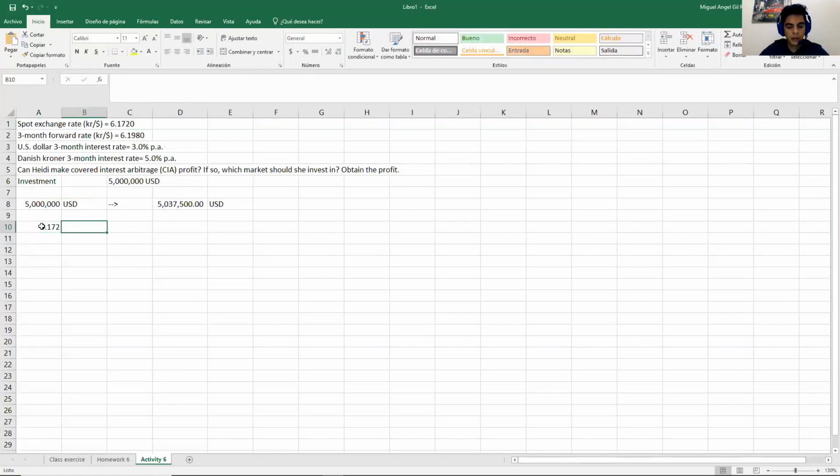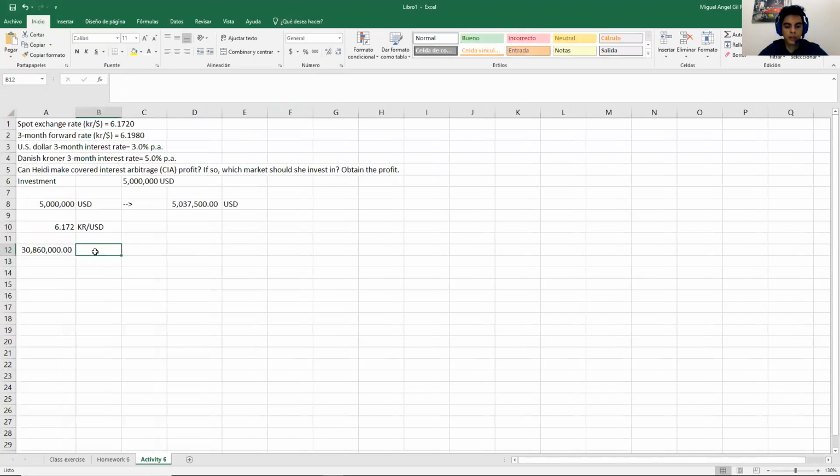This spot rate is crowns over dollars. How do I solve this? I need to multiply, because I have dollars, and in the exchange rate, dollars are at the bottom. So this is the amount of crowns that I will have if I convert them to Danish crowns.